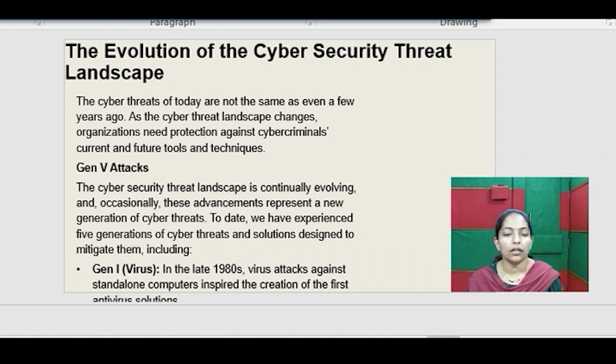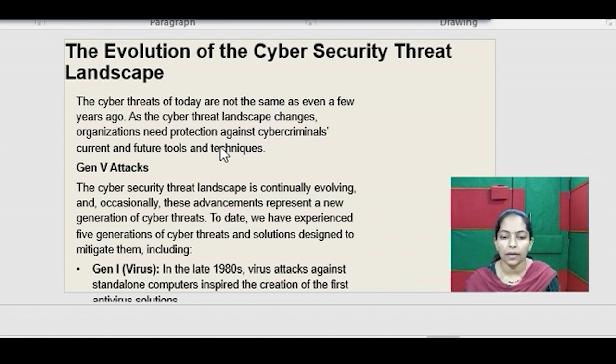After that, in the main topic, we have to see the evolution of cyber security threats. The cyber threats of today are not the same as even a few years ago.